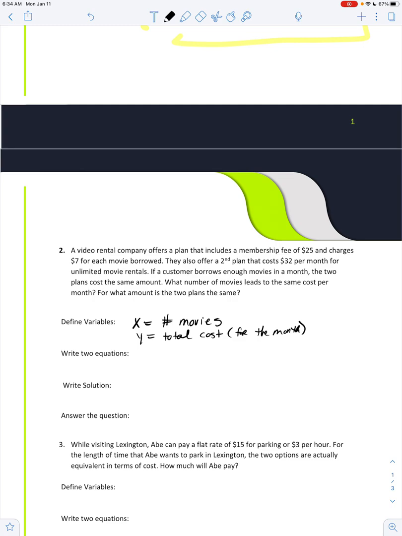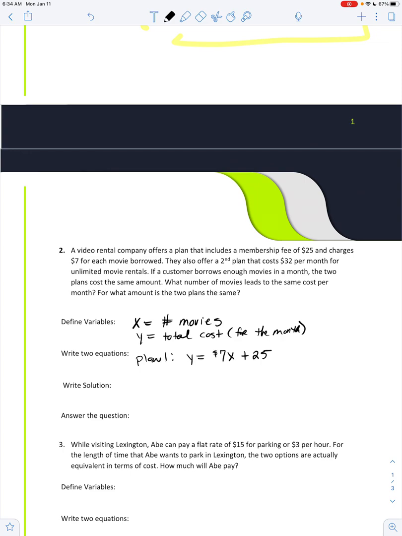All right. So with this first plan, we're going to say plan 1. We have a $25 fee. Okay. And then it's $7 for each movie borrowed. So our total cost is equal to $7 per movie. So that's 7x, plus the fee, which is our y-intercept, right? No matter what, we have to pay this fee of $25.